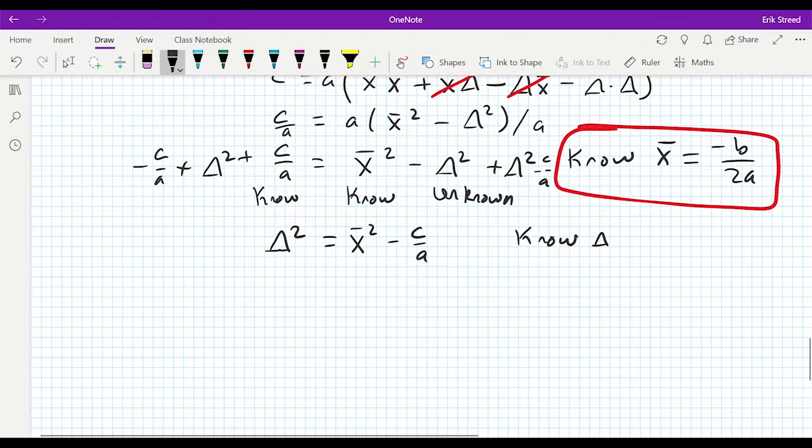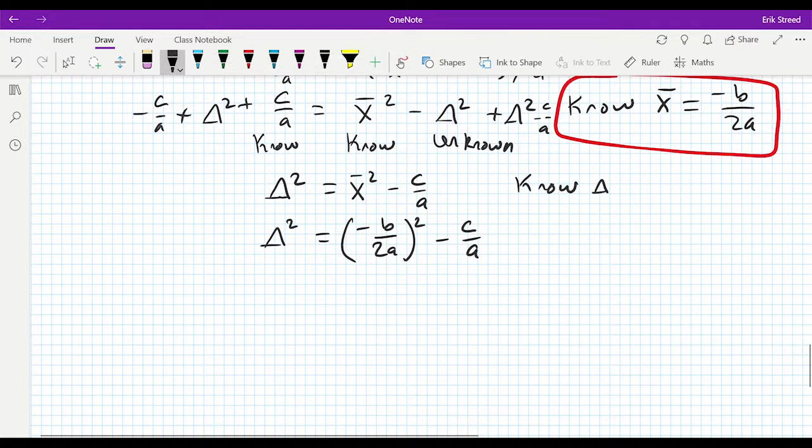But do we really know delta? Let's substitute in and see. So delta squared is X bar squared, we know that. So we've got B over 2A, quantity squared minus C over A. This is looking pretty good because here we've got just A's and B's and C's, and here we've got delta squared. So let's simplify this a little bit more. We've got B squared, because the negative goes away, over 4A squared.